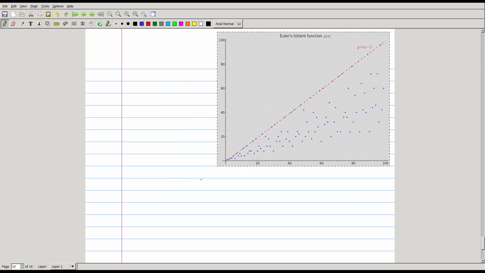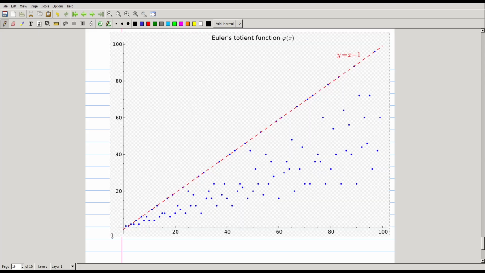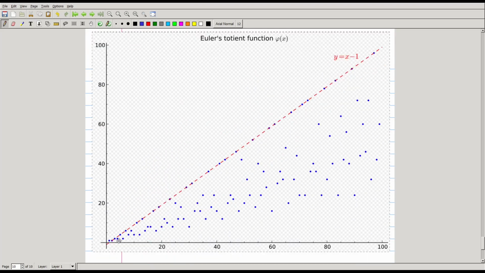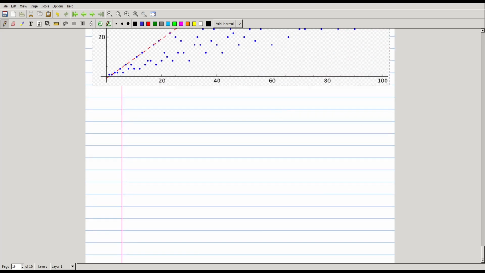We can get a direct plot of this function relatively easily. And it's useful to point out here that the prime numbers are exactly the numbers that lie on this line right here, the line y equals x minus 1. So this is Euler's totient function from 0 to 100. We expand our plot.